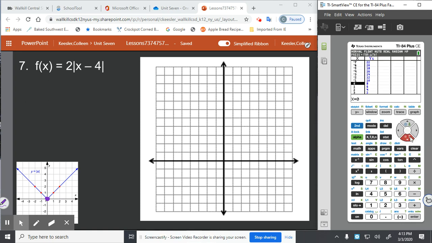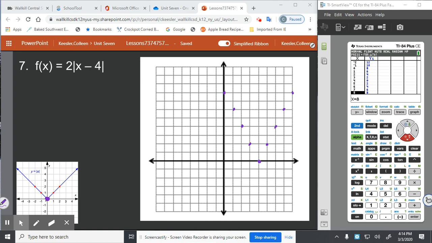Look for your vertex, which is at 4, 0. So we go right 4 and stay at 0 as our first point, and then we build around that. So 3 and 2, and 5 and 2, 2 and 4, and 6 and 4, 1 and 6, and 7 and 6, 0 and 8, and 8 and 8.